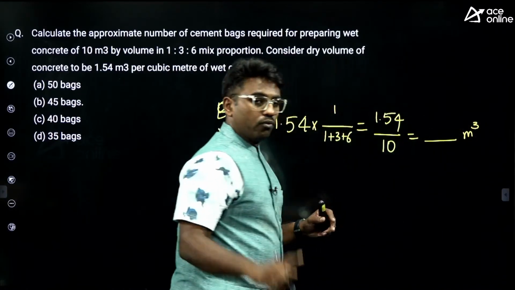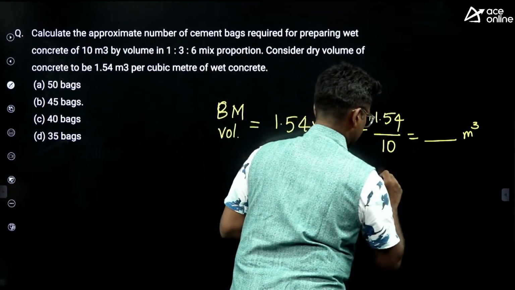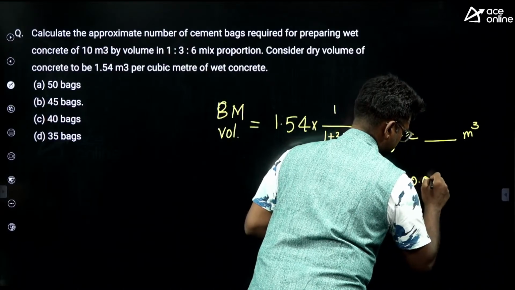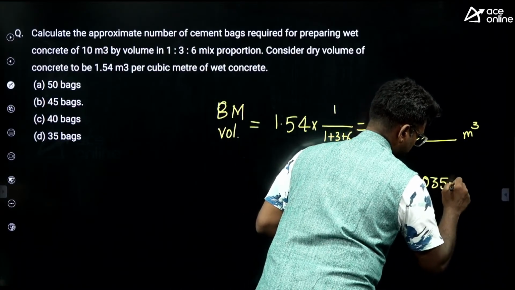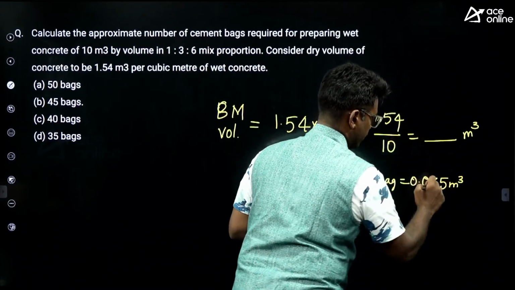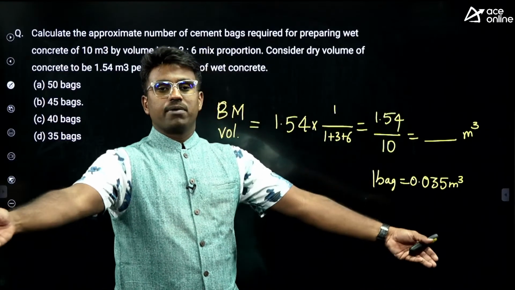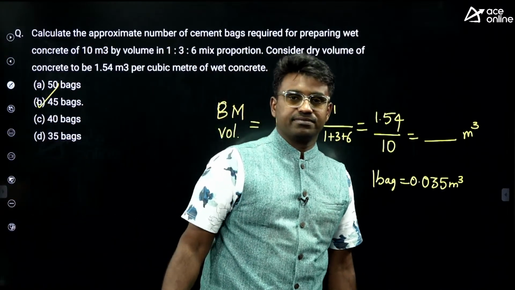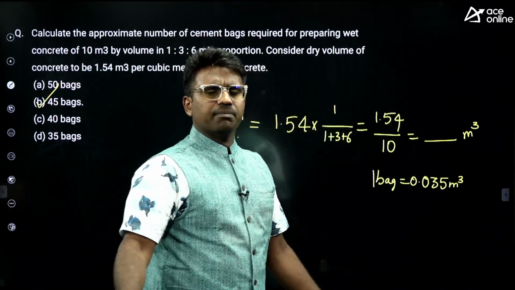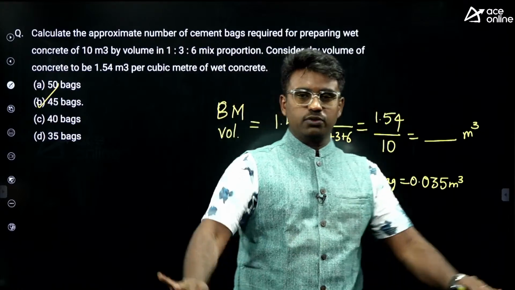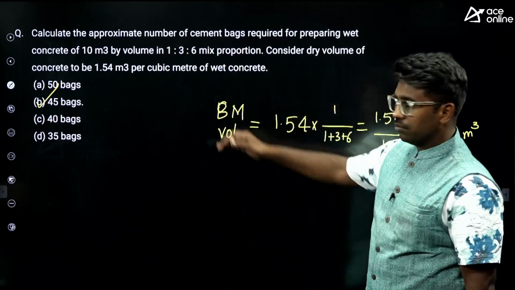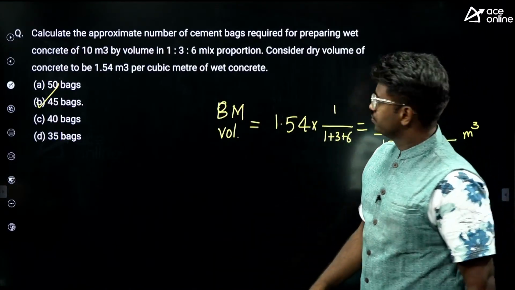One bag of cement is 0.035 meter cube. This value divided by this gives you the number of bags of cement, which is nothing but 45 bags. Simple. Nothing to worry. Moving to the next question.